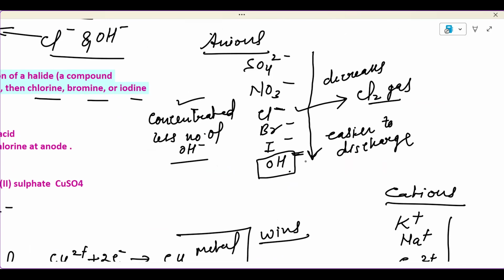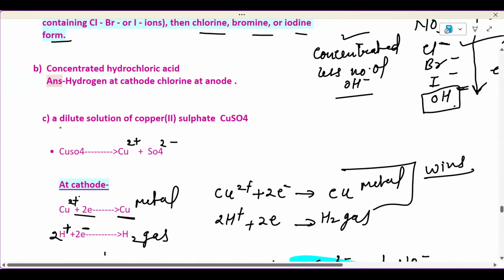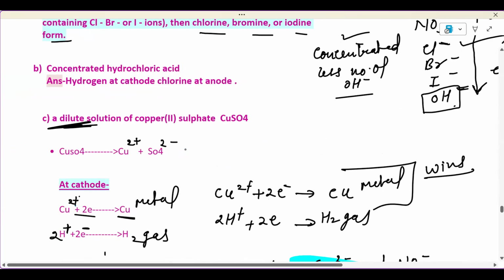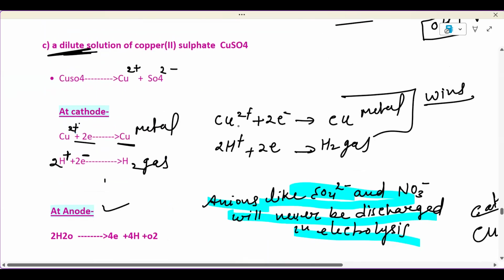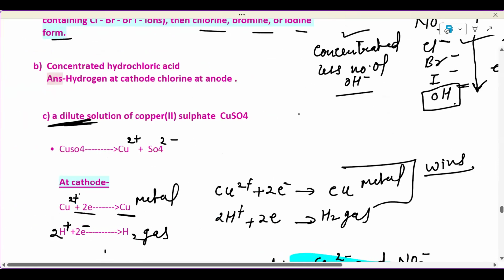As I told you, less reactive is going to lose its ionic form first. But always remember, it is a dilute solution of copper II sulfate, so it means it has more number of hydroxide ions, right?